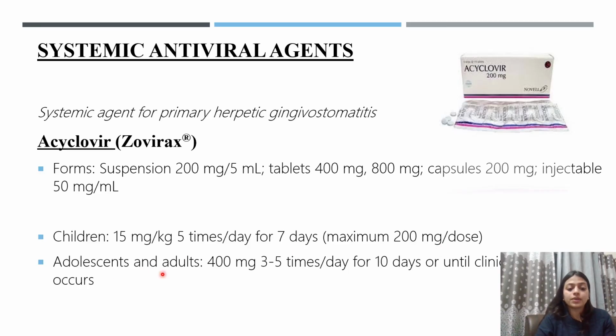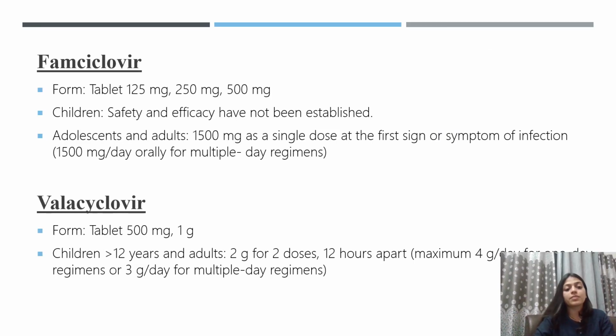And for adolescents and adults 400 milligram 3 to 5 times per day for 10 days or until the clinical symptoms have subsided. Okay, then famciclovir tablet 125 milligram, 250 milligram, and 500 milligrams are available.